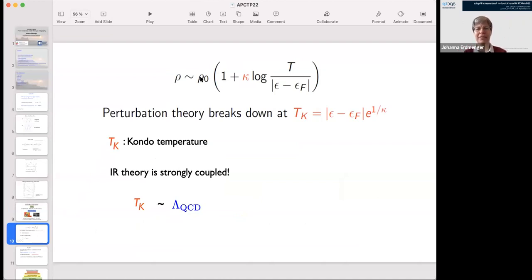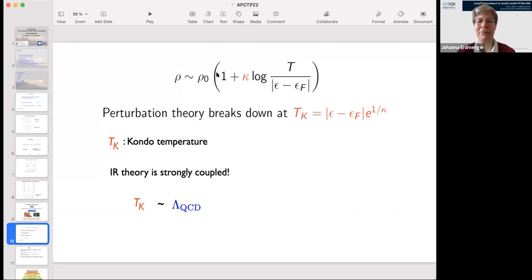So now let's look again at this one loop result of Kondo. This is the zeroth order contribution to the resistivity, and this is the one loop first order contribution. Then we see that there is a particular temperature scale, namely when the temperature becomes of this order, then this first order term is as big as the zeroth order term.